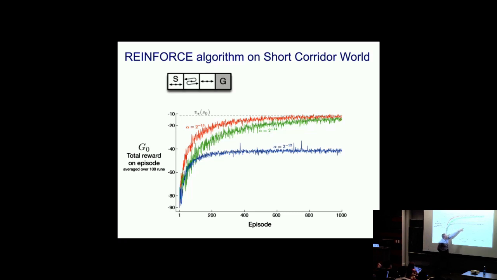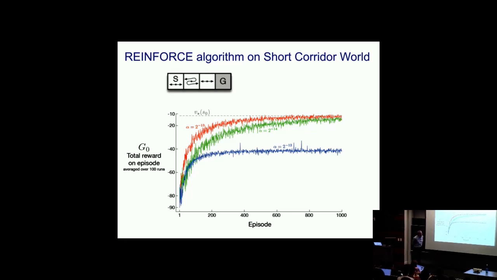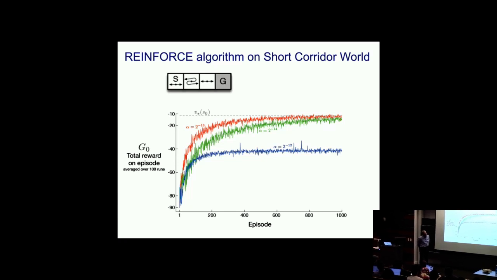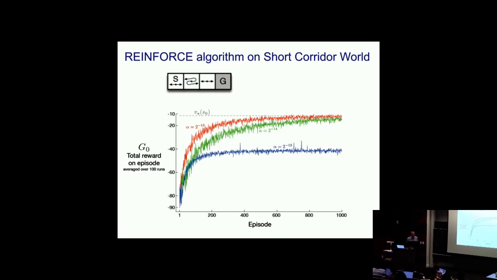If we use 2 to the minus 12th instead of 2 to the minus 14th, it's not clear that we're ever going to converge to as good a policy as we get with 2 to the minus 14th. So there is a bit of an engineering art and experimentation involved in picking these learning rate hyperparameters. But it works.